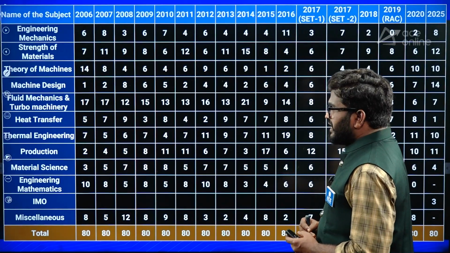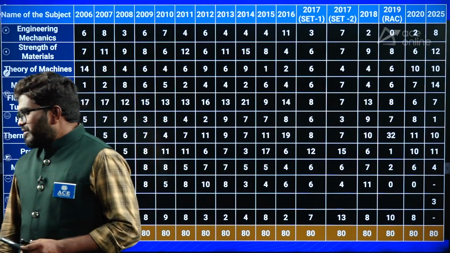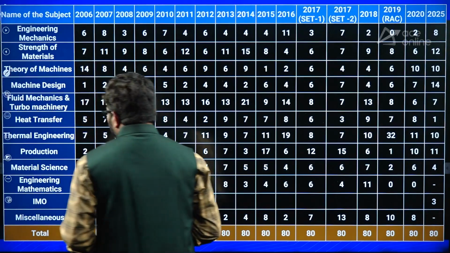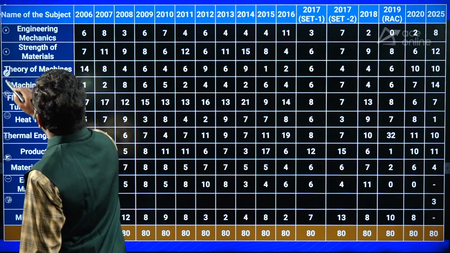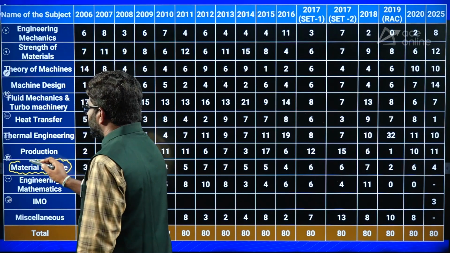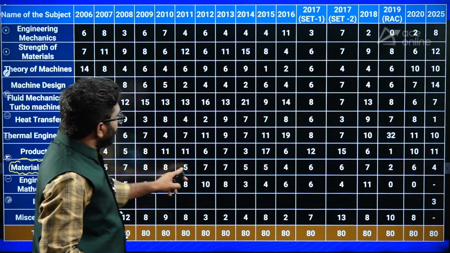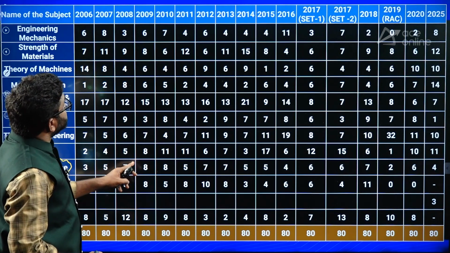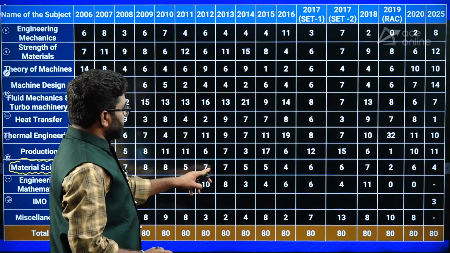Now you can see the weightage of the material science. I'll highlight this one. In 2006, 3 questions; 7, 5 questions; 8, 7 questions; 9, 8 questions; 10, 8 questions; 11, 5 questions; 12, 7 questions.